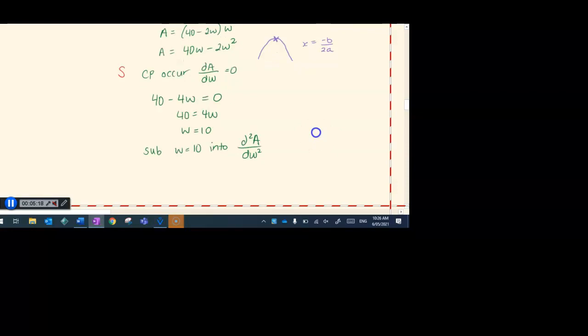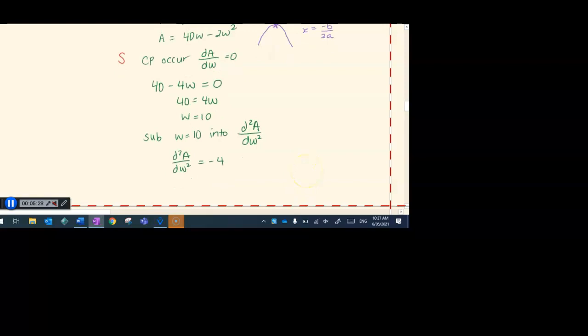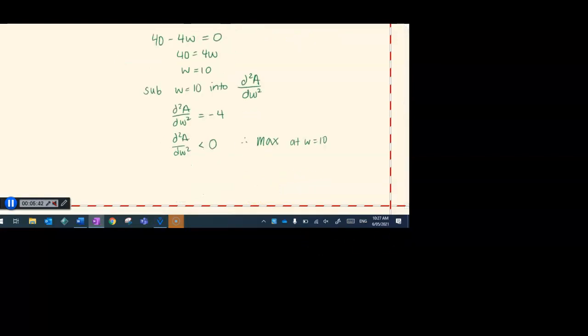So the second derivative is -4. I didn't even have to replace W in there. There was no W to replace. As the second derivative is less than 0, it is a maximum at W equals 10. And so we now are ready to write in our answer.